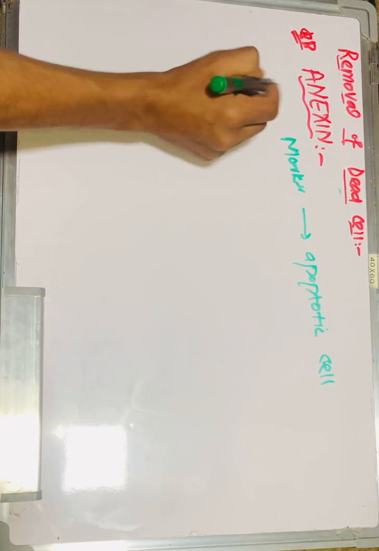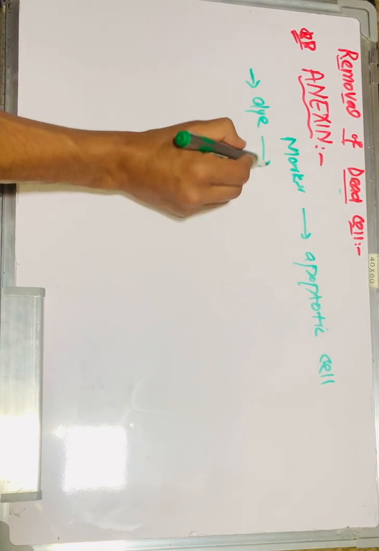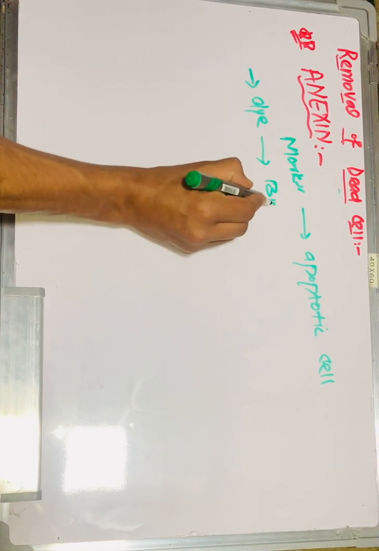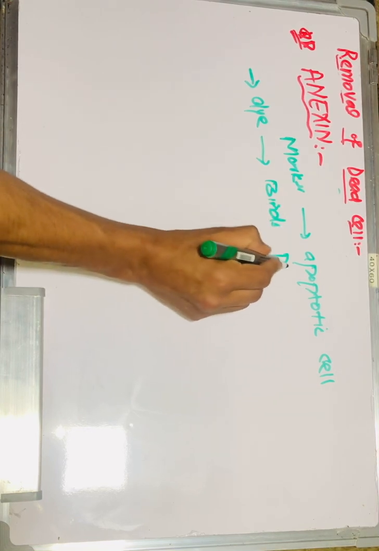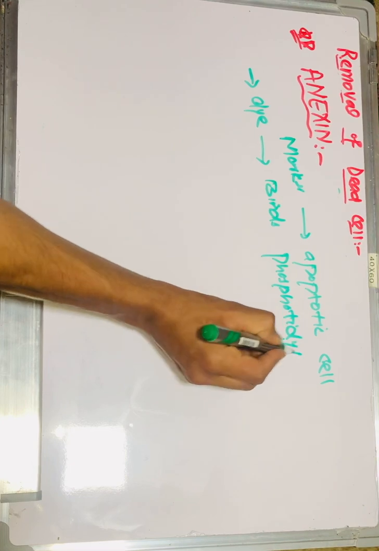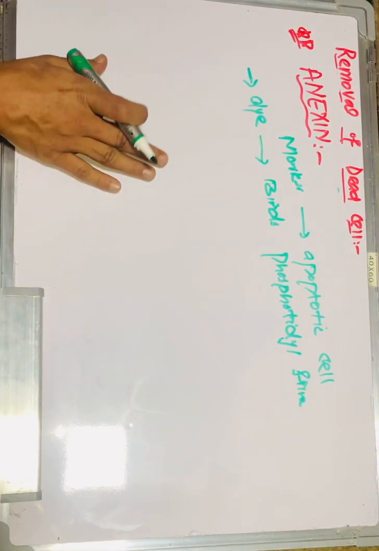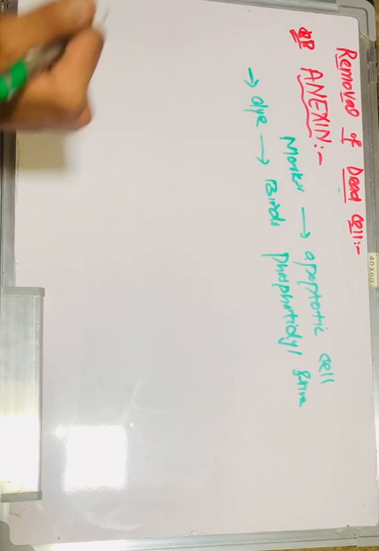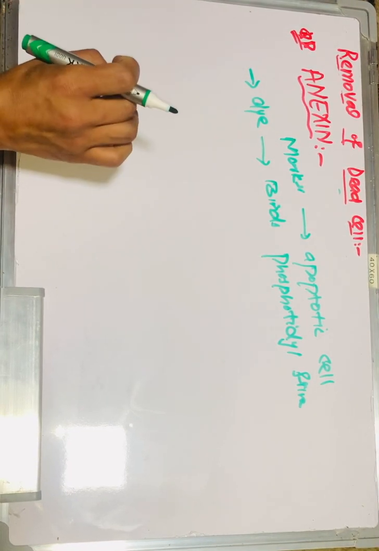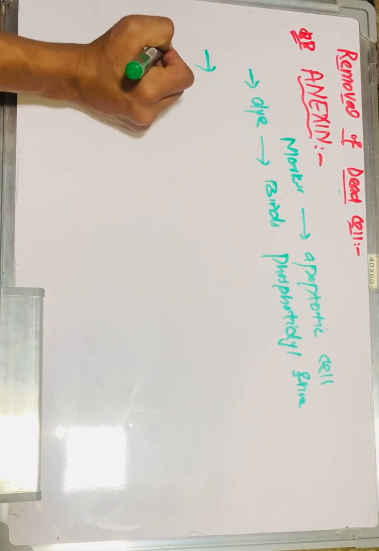It is basically a dye which binds with phosphatidyl serine. So all apoptotic cells can be identified because they have phosphatidyl serine on the surface.